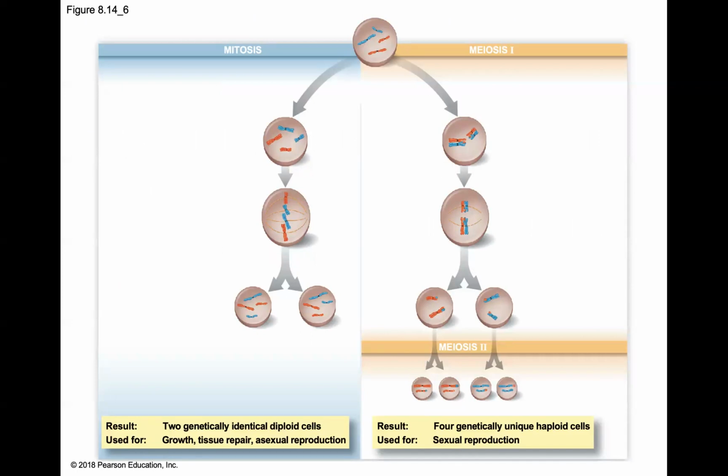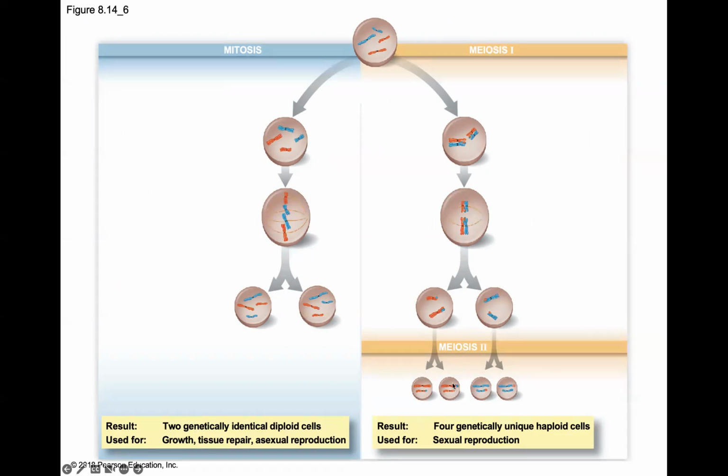So this schematic right here just illustrates the differences between our outcomes of both mitosis and meiosis, right? The result here is that we're going to end up with 2 genetically identical diploid cells, right? And this process is used for general maintenance of the organism, growth, tissue repair, asexual reproduction, and so forth.